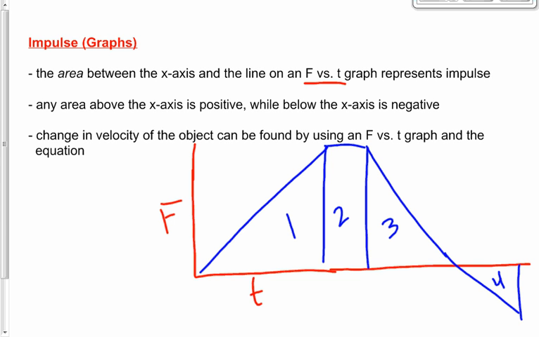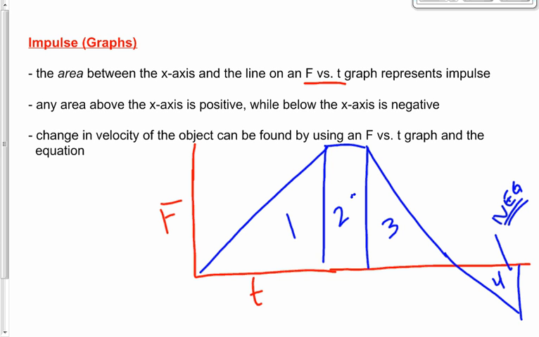Always find the area between the x-axis and the line. If it's above the x-axis, it's going to be a positive value. If it's below the x-axis, this one would be negative. When you find the area, you've found the impulse. Done. The area equals the impulse.